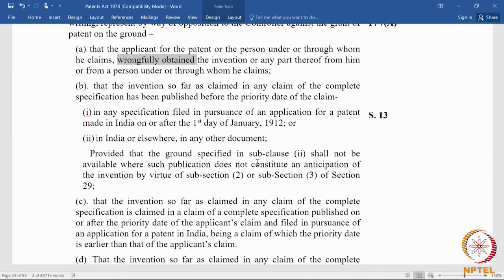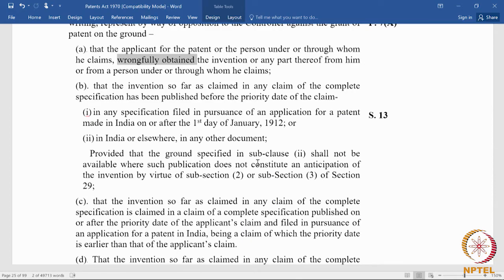So, in case a person alleges that the applicant wrongfully obtained the invention, like they all worked on a project and one person, the applicant, went and filed a patent alone without taking their interest into account, or the applicant was working in a firm which had an NDA and a confidentiality agreement, and they were working on an invention.